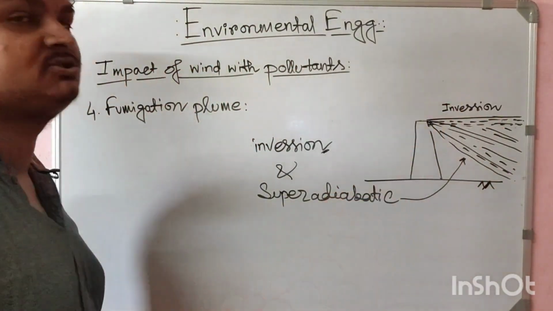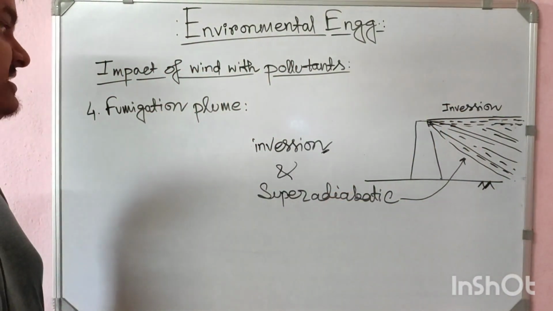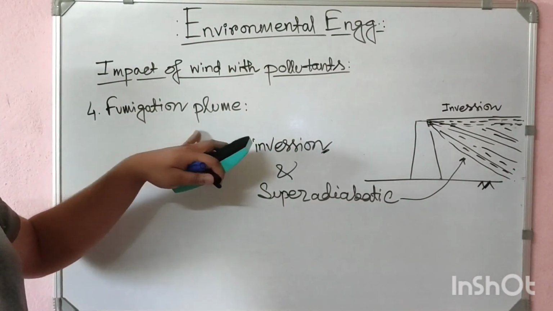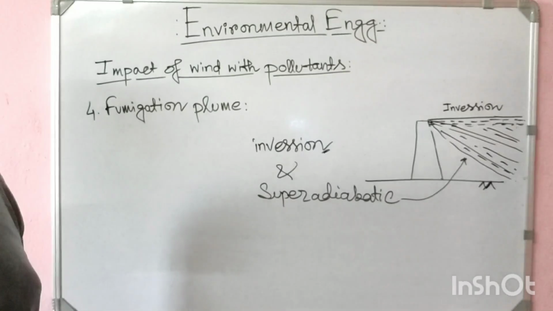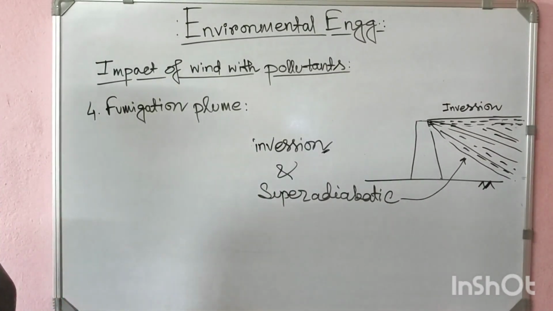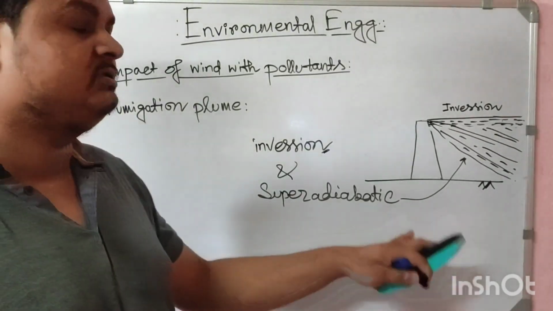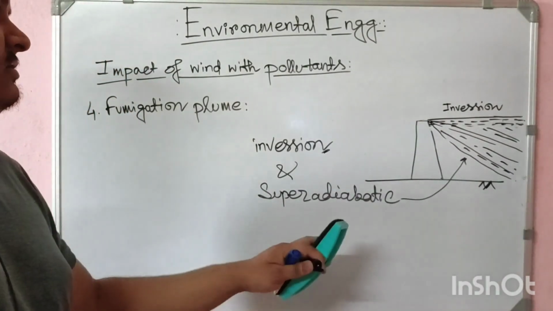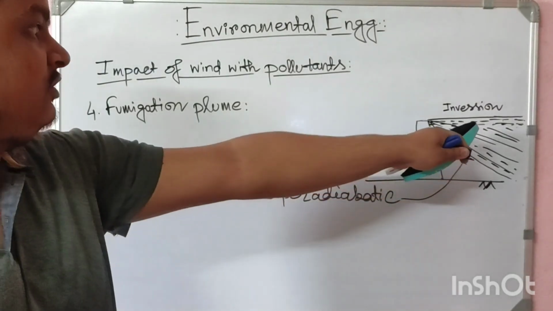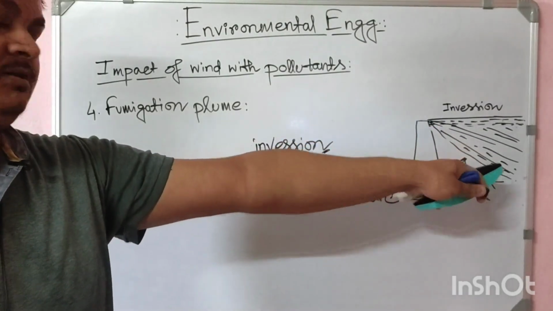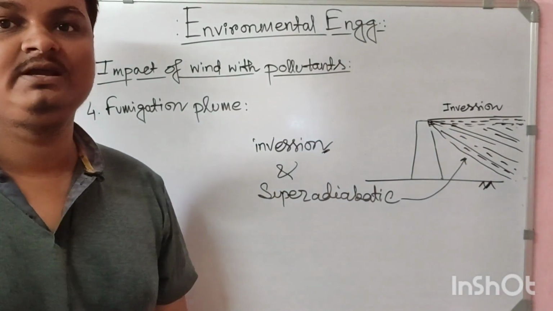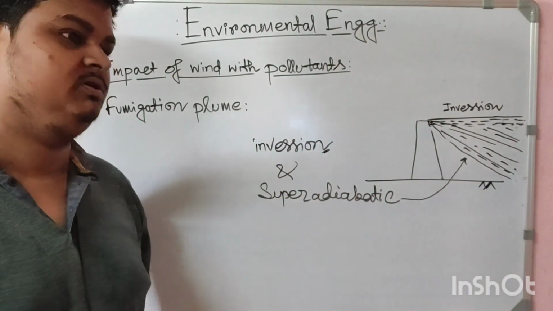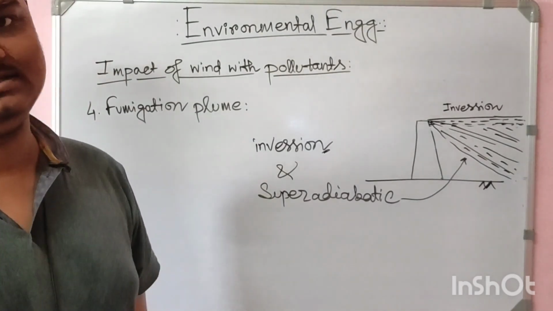Because of the combination of these two conditions, we get the plume that is called the fumigation plume. This is so dangerous for the people around there, and not preferable at all, because you can see the pollutants are coming to the ground, polluting the ground level and the surrounding area.